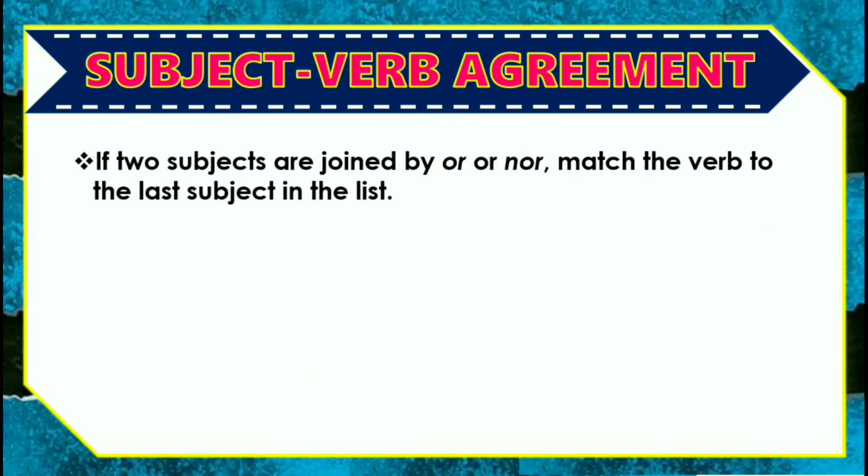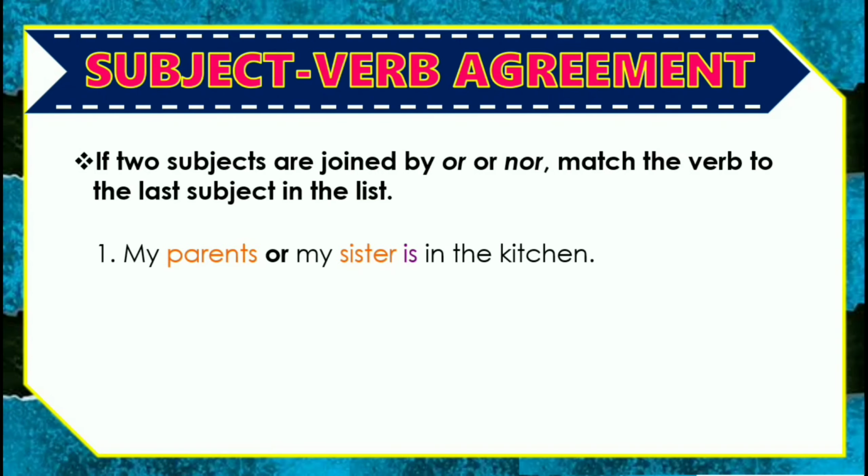Next, if two subjects are joined by or or nor, match the verb to the last subject in the list. For example, my parents or my sister is in the kitchen. Now, where are our subjects? Parents. What is the number? It is plural because it has an S. What about sister?